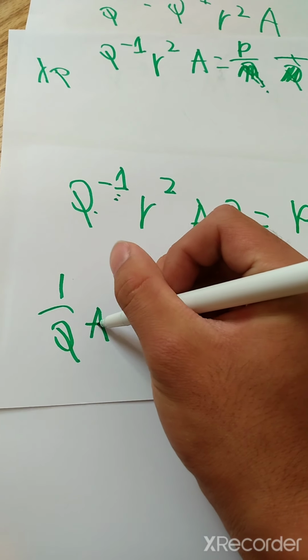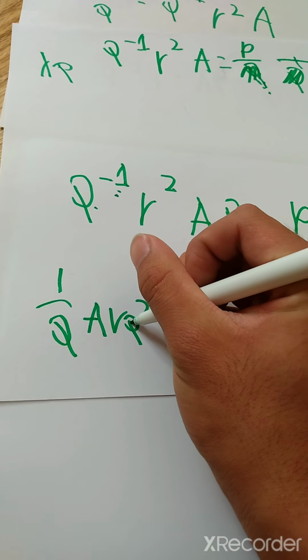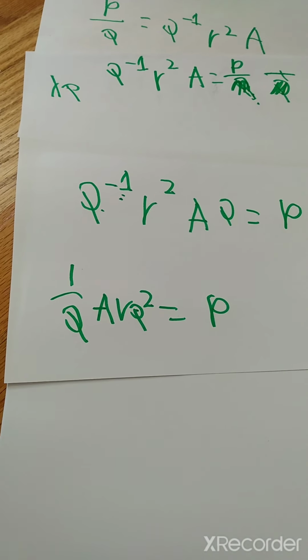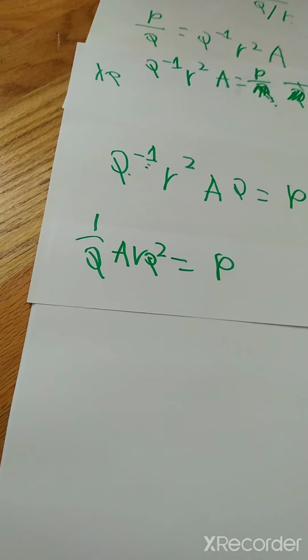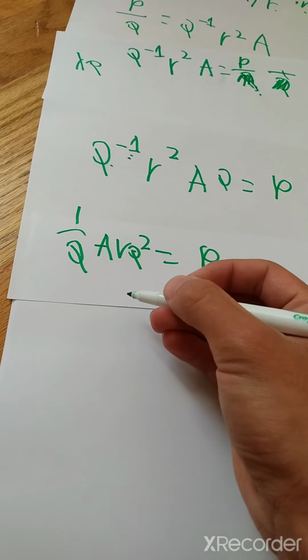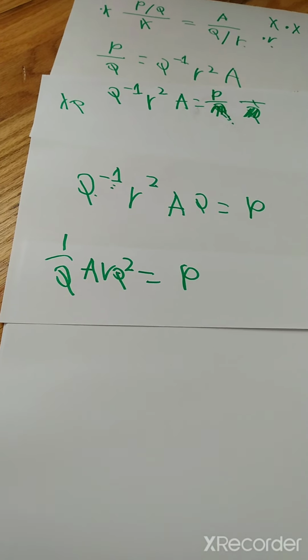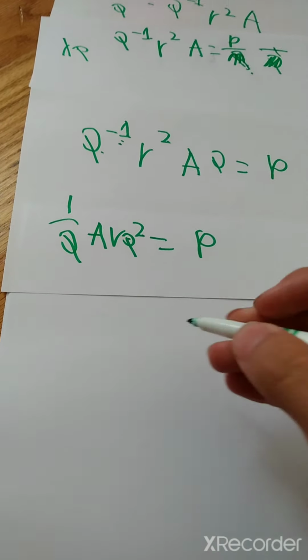times a times r squared, with q right snugged in, equals p. So we simplified even further. After we turn that q into a fraction, since we have q over a fraction and we want to get rid of it to get a alone, we have to multiply again by q on both sides.